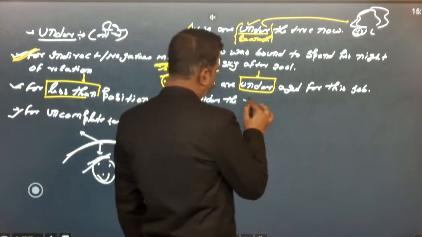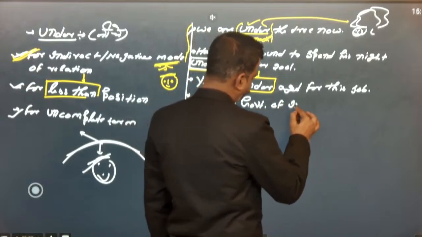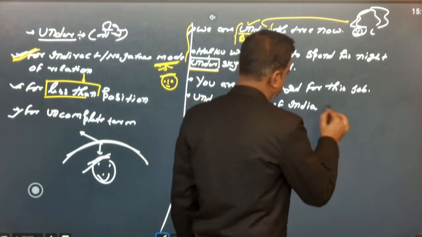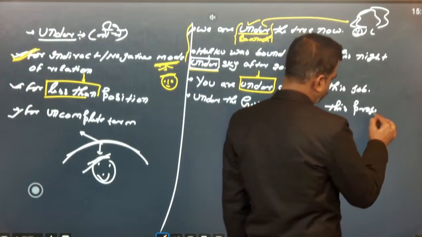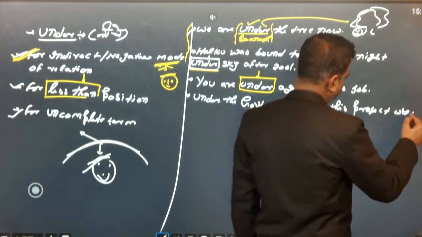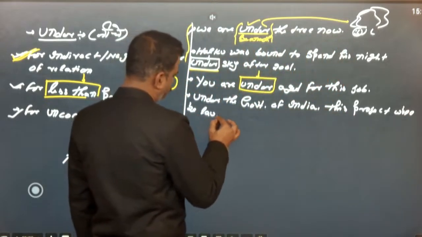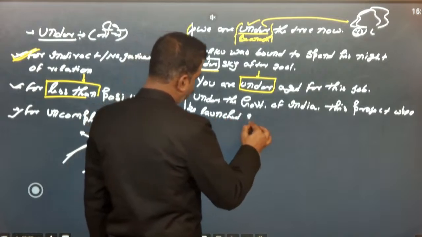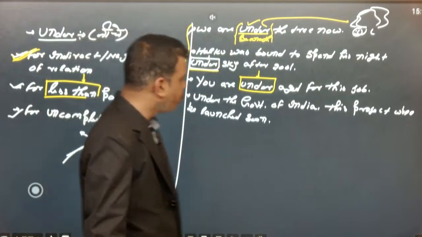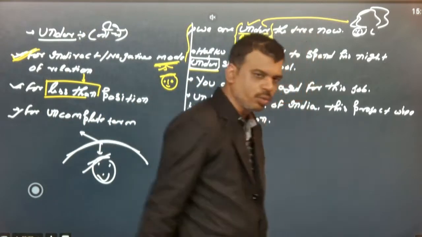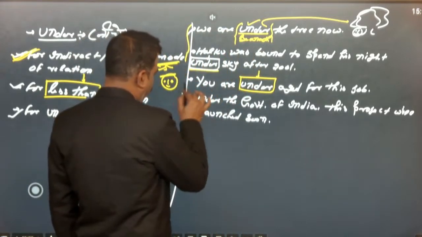Under the Government of India, this project will be launched soon. So under the Government of India means the Government of India will undertake the project.